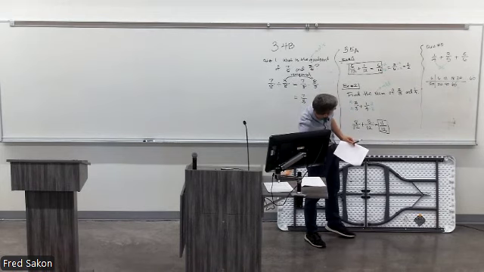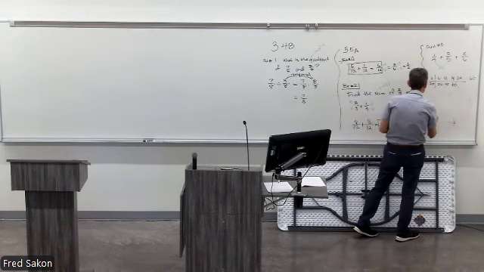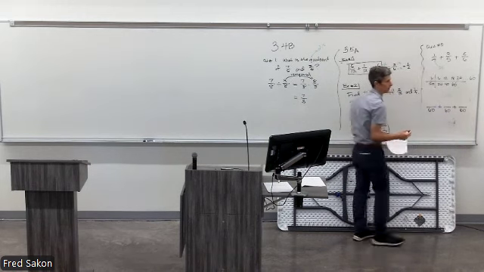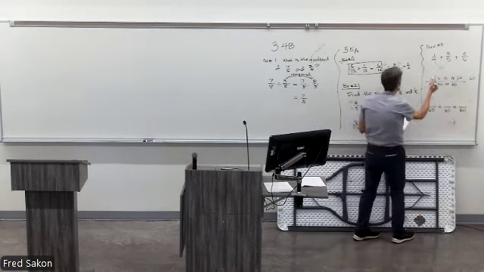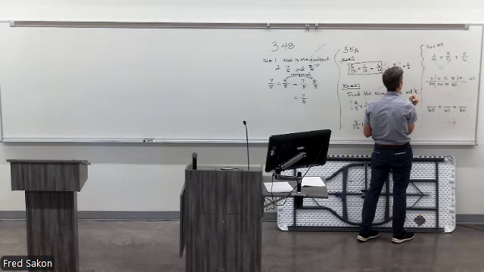All right, let's go with the 60. I want to write my first fraction over 60. What am I going to do? 4 times 4 times 20 is 80. How do I get to 60 from 4?